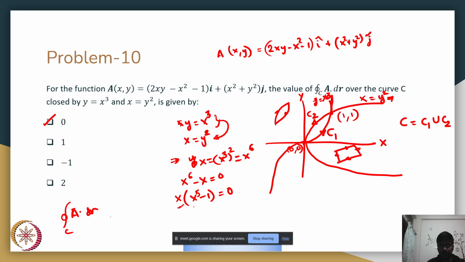The curve C is nothing as we discussed, A dot dr over C1 plus A dot dr over C2. And in this particular case, if you want, I can show this to you as well. But what happens is both the individual paths are also 0.